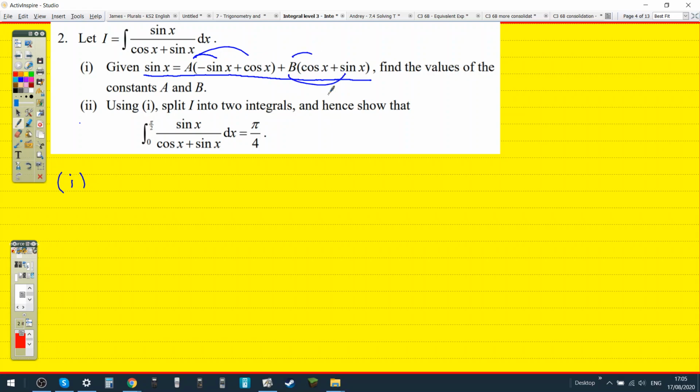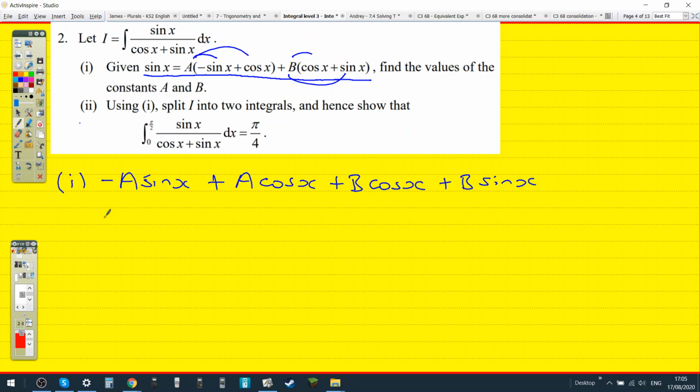Minus a sine x plus a cos x plus b cos x plus b sine x.